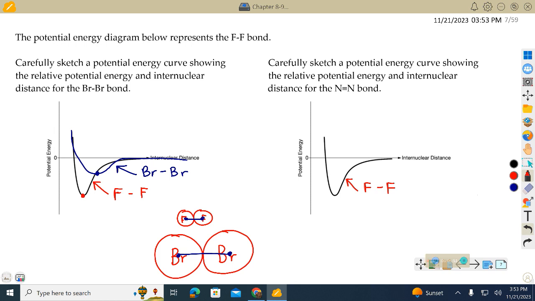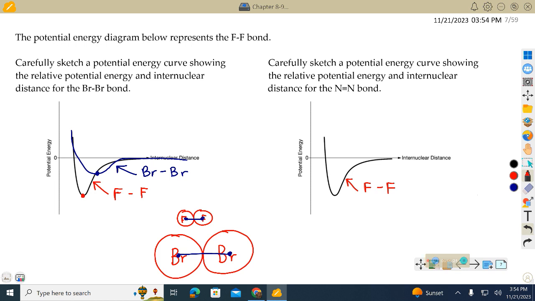Now, nitrogen and fluorine are relatively close to each other on the periodic table, so their radii are similar. I mean, maybe technically fluorine's a touch smaller. But then I have to weigh that against the fact that this nitrogen bond is a triple bond. And you can see it, like if you were to build a ball and stick model, that triple bonds are really short bonds, where in order to get the orbitals to overlap, you have to pull them pretty close to each other.